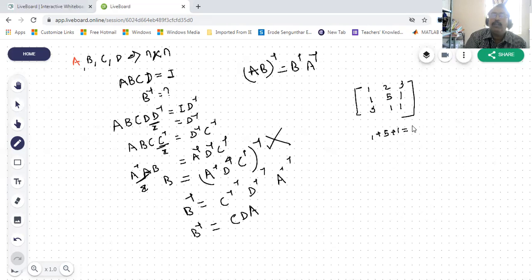The product of eigenvalues is equal to the determinant value. Likewise, when alpha 1, alpha 2, alpha 3 are eigenvalues of a matrix A, then the eigenvalues of A inverse will be 1 by alpha 1, 1 by alpha 2, 1 by alpha 3.